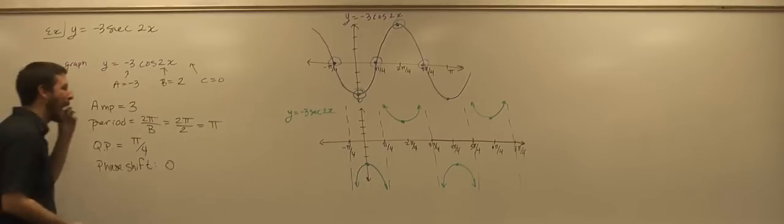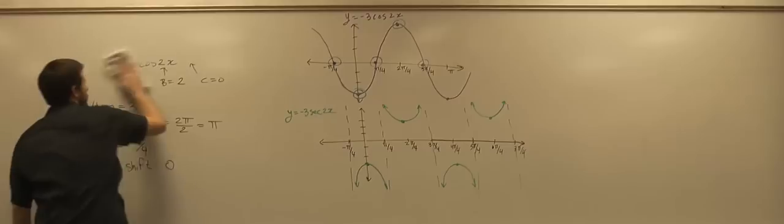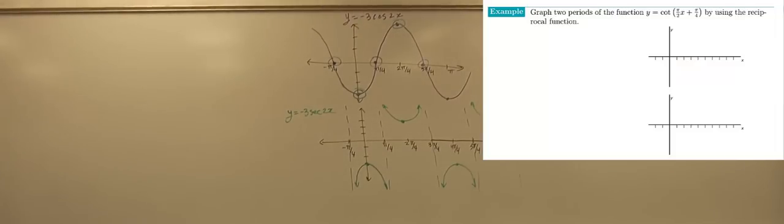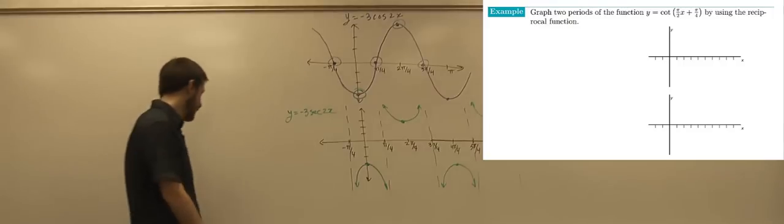All right, let's try cotangent. Graph 2 periods of y equals cotan of (pi over 2 x plus pi over 4).